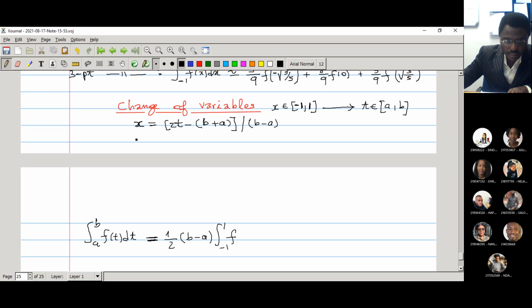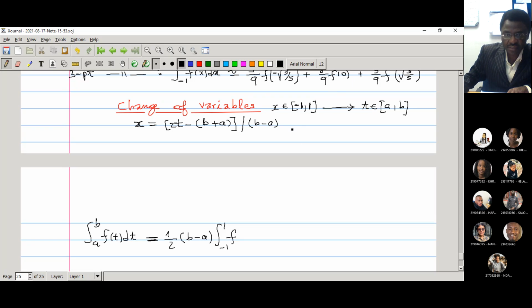So you extract t from this formula. You see that x here will be multiplied by b minus a, because this is the denominator, b minus a. And then you will divide by 2, this 2, and send it to the other side.